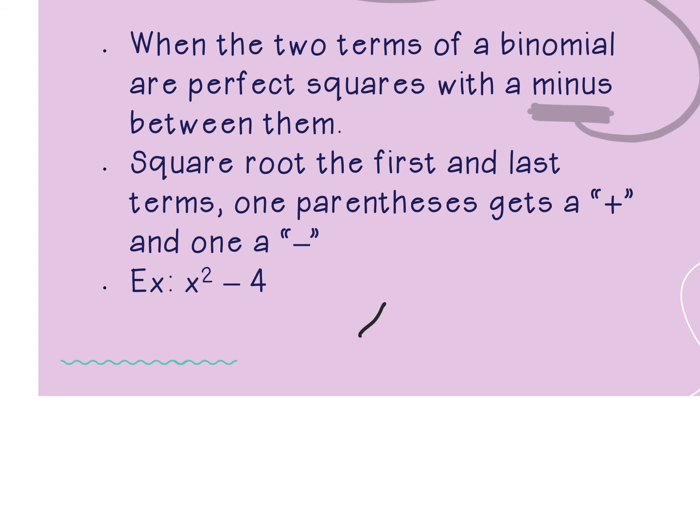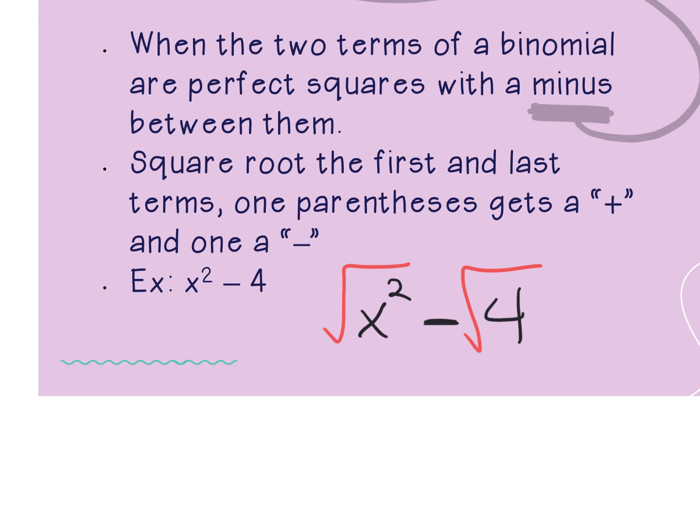So I have my x squared minus 4. X squared is a perfect square, and so is 4. Notice in between them is the minus sign. If this were a plus sign, if it were the sum, I would not be able to factor this. So then what I'm going to do is square root the first term, square root the last term.